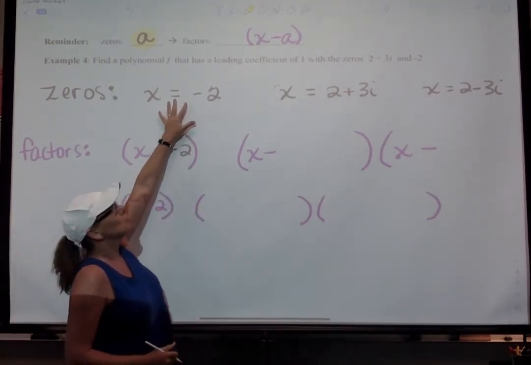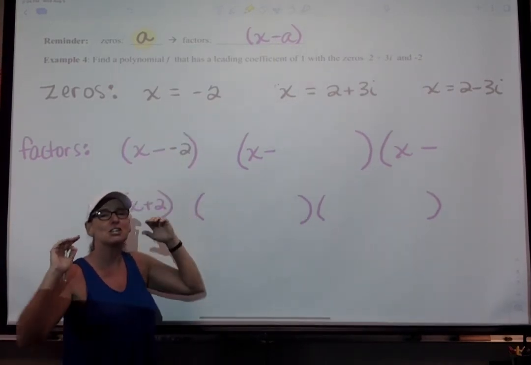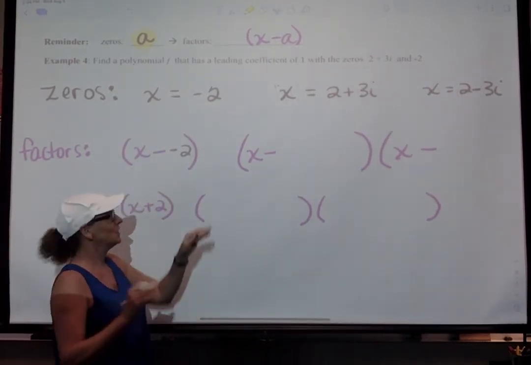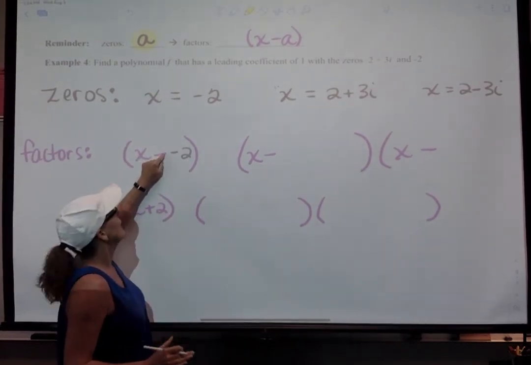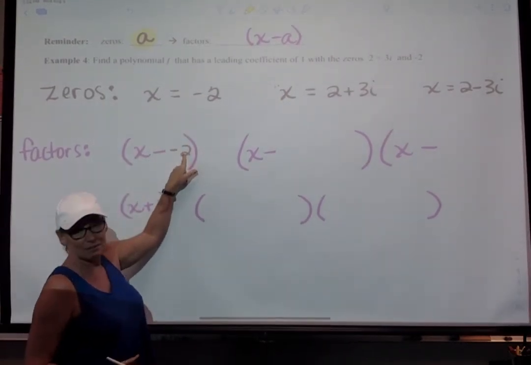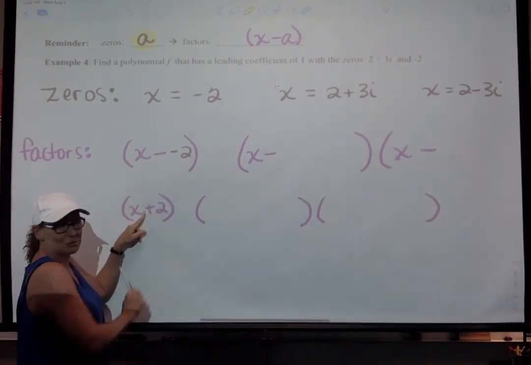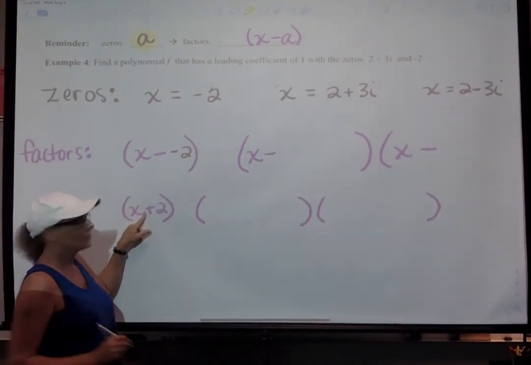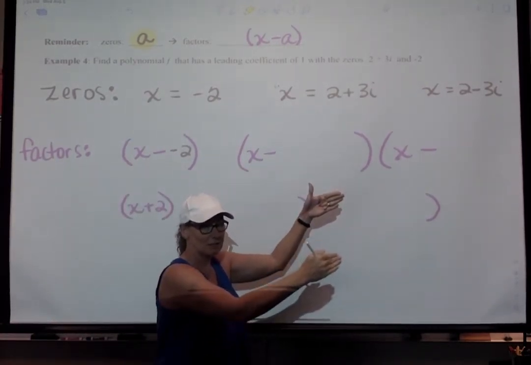Ready? Normally you would just write x plus 2. I want you to think about why you're writing x plus 2. So really, I'm going to do x minus for my factor, and then this is going to go behind it. This is where the plus 2 comes from. So notice I've started my next 2 factors with x minus.